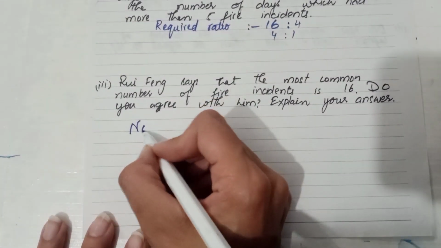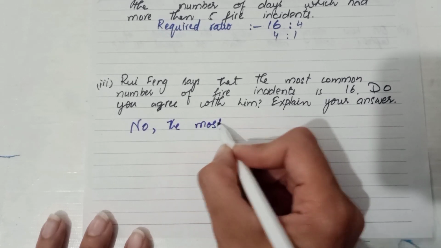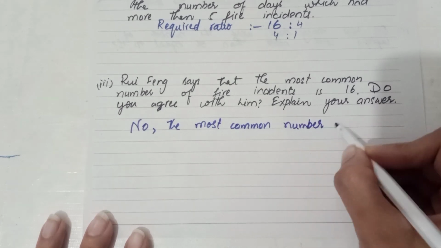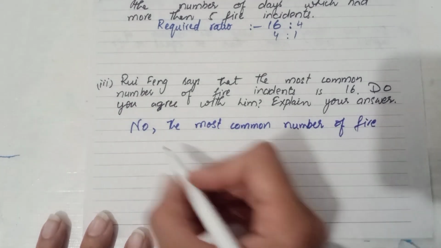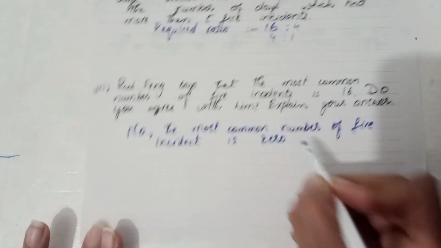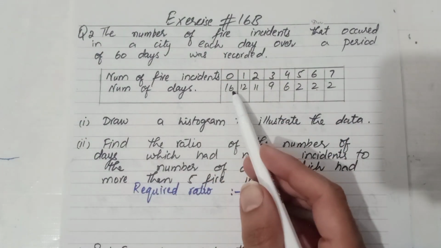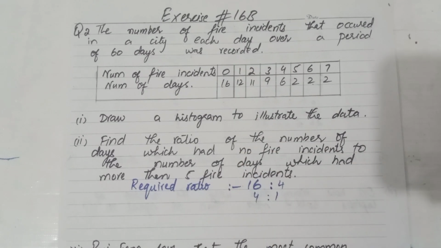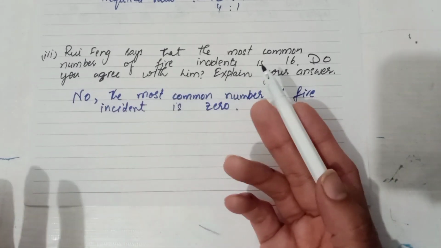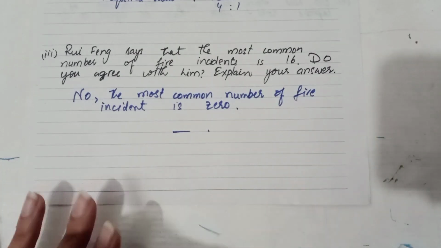That's why we write no. And the most common number of fire incidents is 0. That is the number of fire incidents, 0, which happened most commonly, 16 times, meaning there was no incident. That's why we do not agree with him, and that is our explanation. Now students, question number 2 is solved.